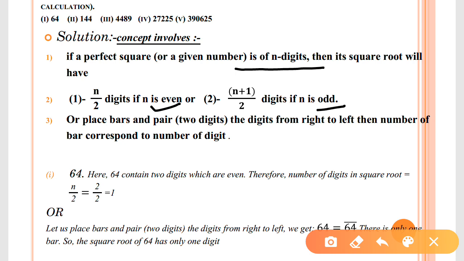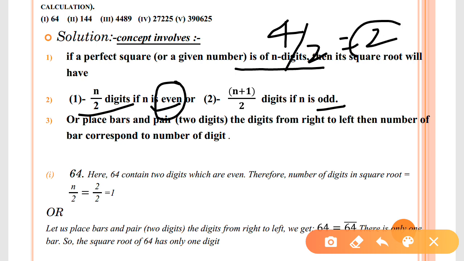Even means it will take the values 2, 4, 6, the multiples of 2, and odd numbers are those which are not divisible by 2. So when the number of digits is even, we will just divide by 2. For example, if a number contains 4 digits, we will just divide by 2. So we got 2, so the square root of that number will contain 2 digits.